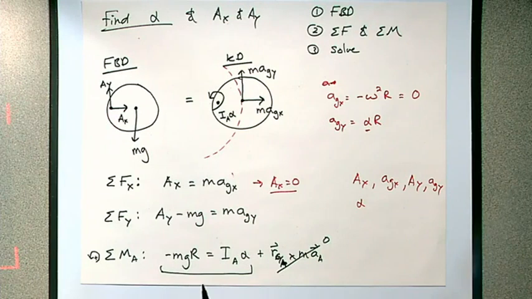So let's look at our moment equation, trying to figure out alpha. It's the only thing we don't know in this one. So for sum of moments, what do I have? Minus mgr is equal to Ia times alpha. Ia, what the heck is Ia? Ia is the moment of inertia of this disk that's been shifted from the CG over to A. So this is I of a disk plus parallel axis shift.